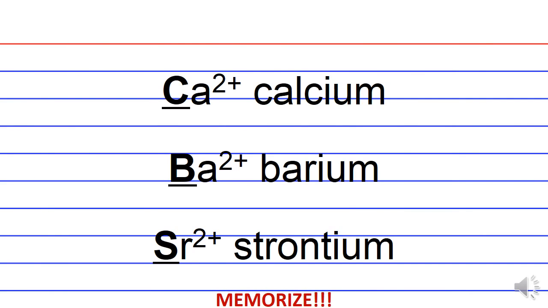So that would be calcium in the fourth row of the periodic table, barium in the sixth row, and strontium in the fifth row. All right. So be sure to memorize these. CBS.